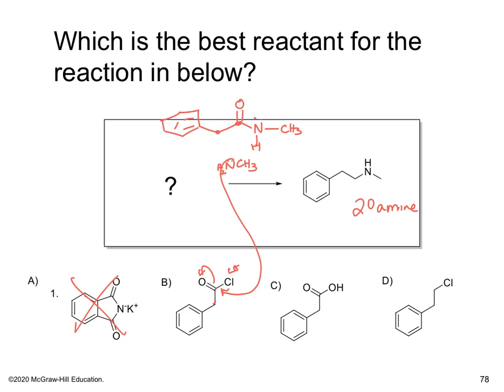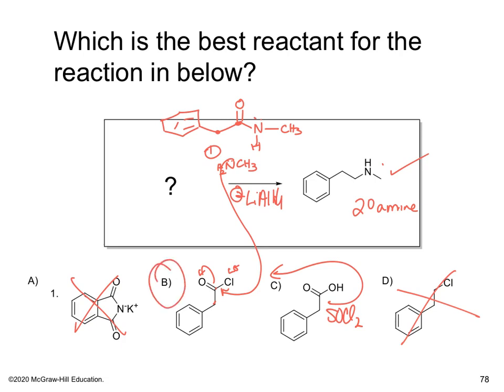That makes an amide, and then you could do lithium aluminum hydride. So that would work. You wouldn't want to do an SN2 there because you would get polyalkylation. And if you needed to take this carboxylic acid to there, you would have to react that with thionyl chloride. So I would say B is a good reactant that could be reduced to make the secondary amine.